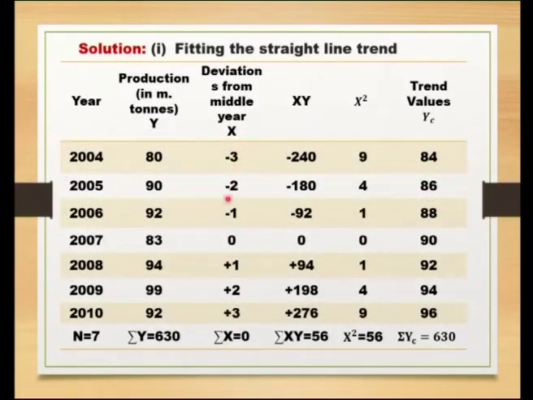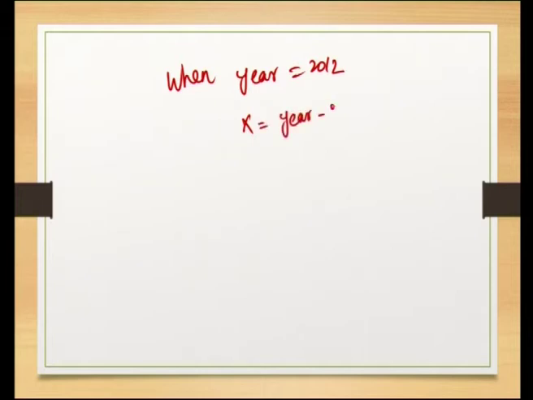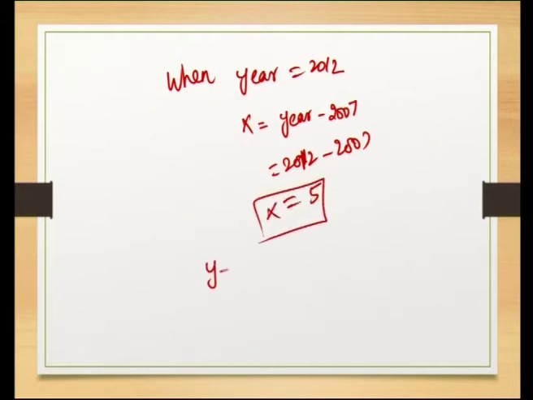The third question is, we have to calculate the likely sales during the academic year 2012. When the year is 2012, x is equal to the year minus 2007, isn't it? 2007 is the middle year. Therefore, 2012 minus 2007 is 5, so x is equal to 5. Substitute this in the trend line equation.